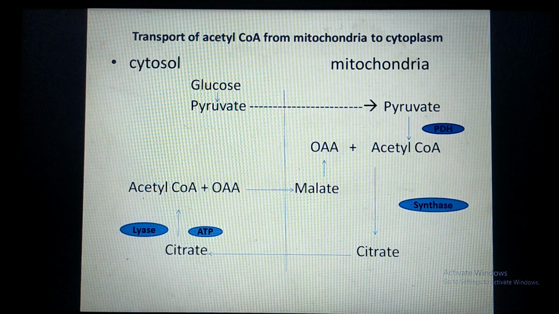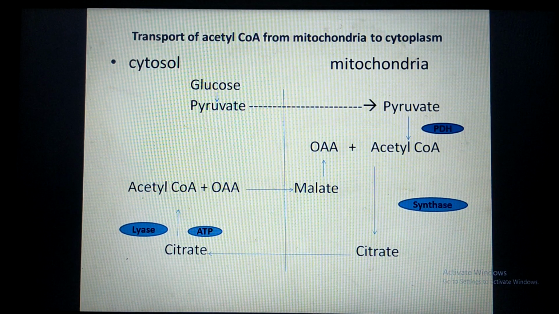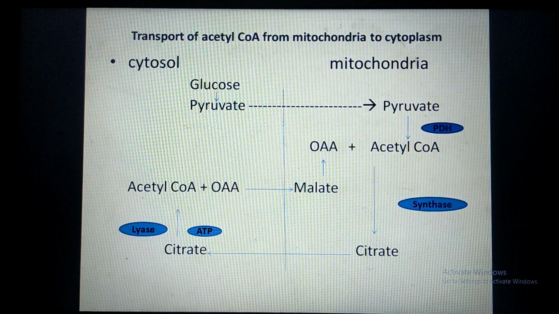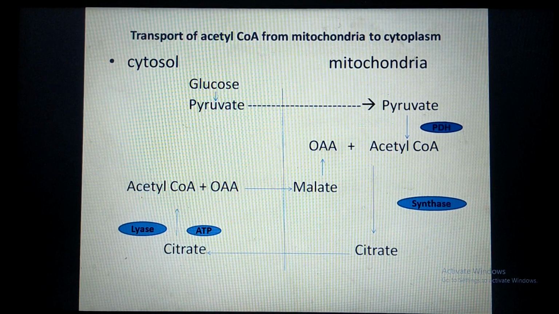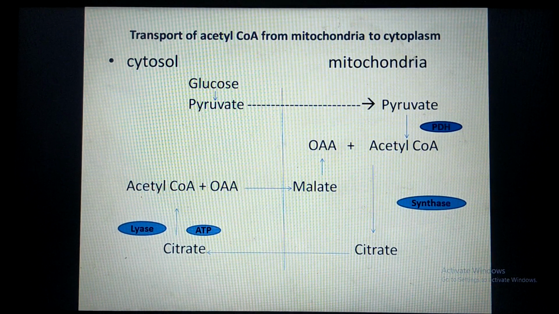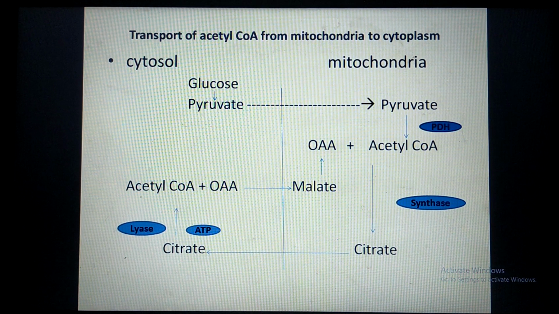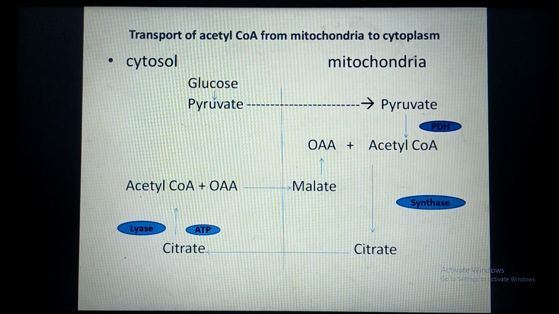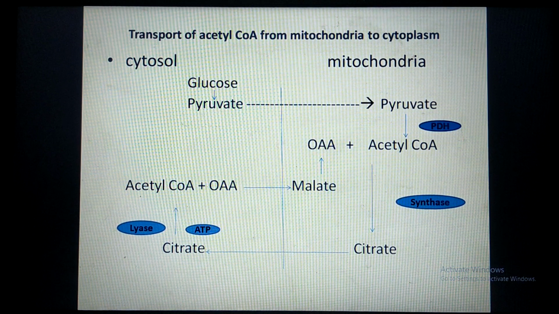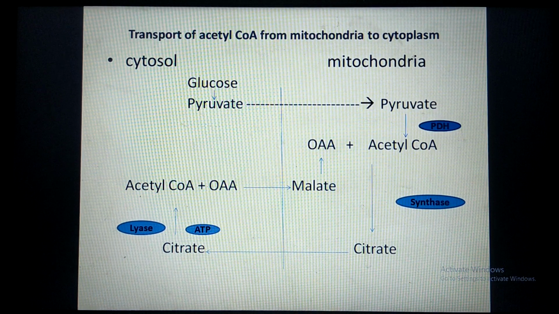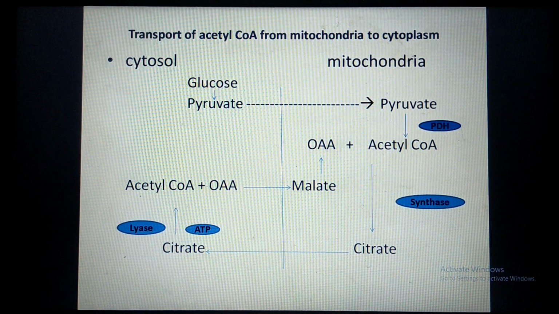When this citrate is formed in large quantity, it crosses the inner mitochondrial membrane and enters into the cytosol. In the cytosol, the citrate is broken down with the help of the enzyme ATP citrate lyase. Here energy is required for this enzyme, which is supplied by ATP, and this enzyme breaks the citrate into acetyl-CoA and oxaloacetate.